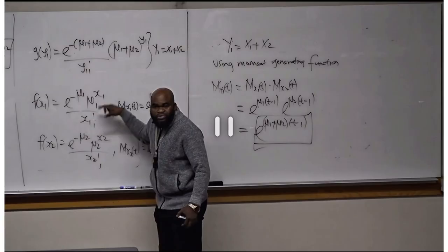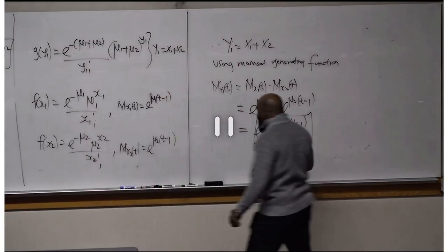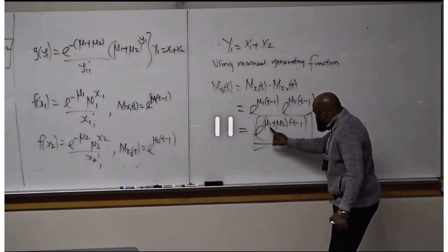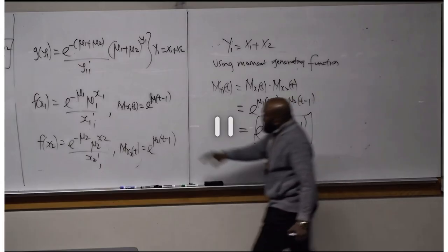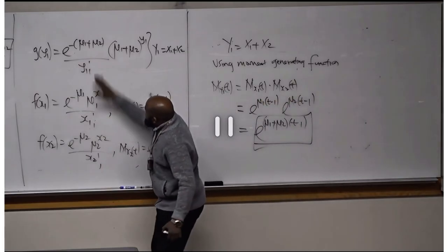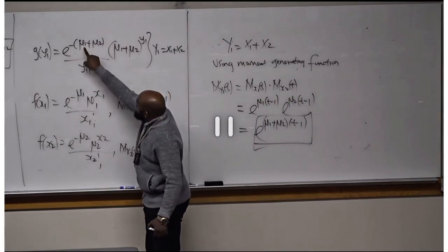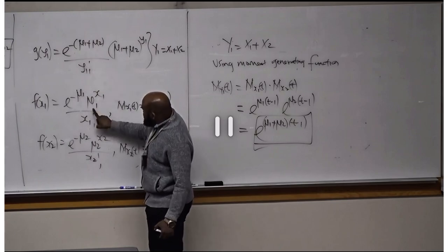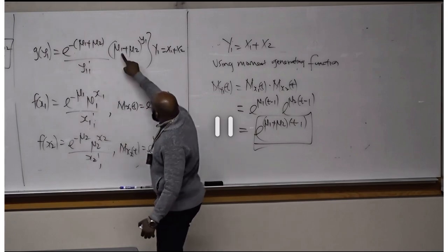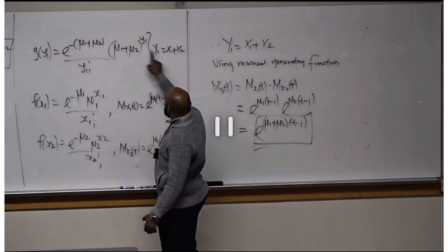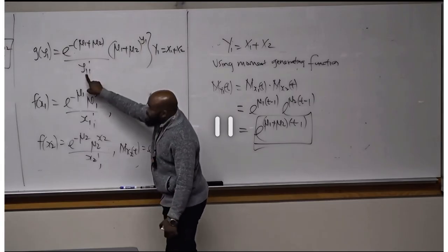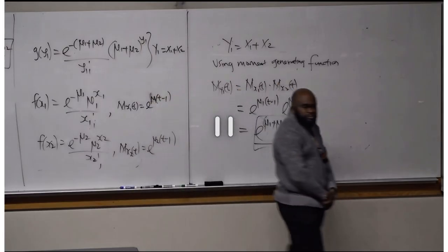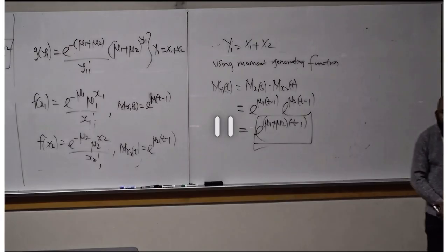Wherever I see mean, I'm going to put mu1 plus mu2. Instead of mu1 here, I put mu1 plus mu2. Instead of mu1 raised to the power x1, I put mu1 plus mu2 raised to the power y1, because y1 is the sum, then divided by y1 factorial. That is how to use the method of moment generating function.